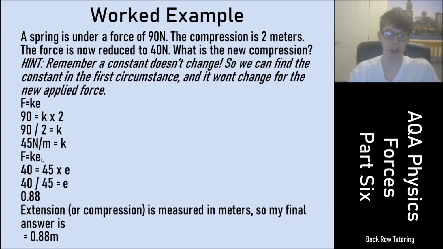So let's write out our equation again. We know that the force is 40 in the second circumstance. We know the constant is 45 newtons per metre from the previous part, and we can work out the extension by dividing both sides by 45. If we do that, we get that the extension is 0.88. Extension, or compression, is measured in metres, so my final answer is 0.88 metres.